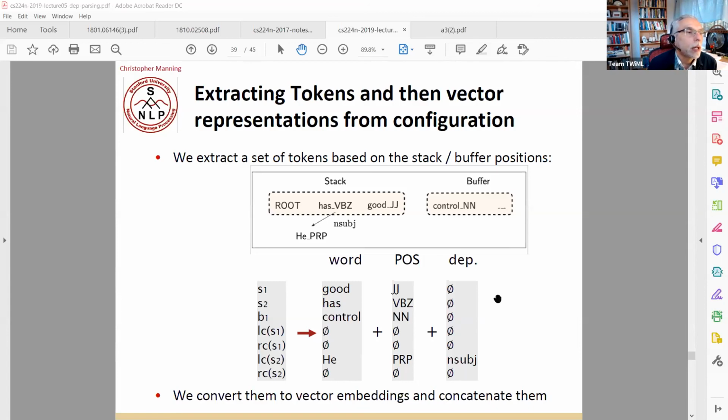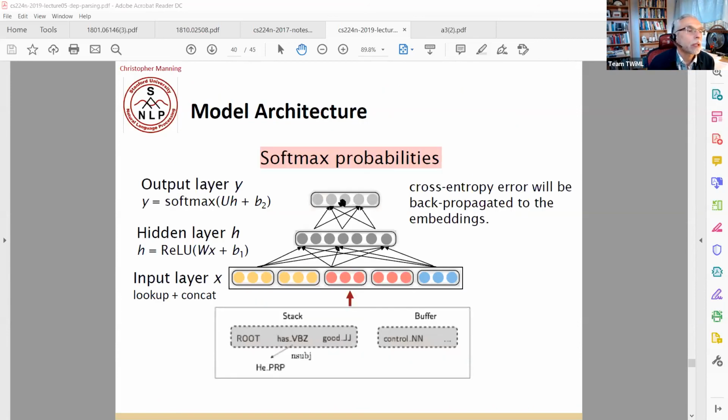Okay, moving on. Model architecture. So this is the neural network architecture. Here again is the 3 times D embedding for, sorry, no, this is the stack, this is the buffer, and the input layer.